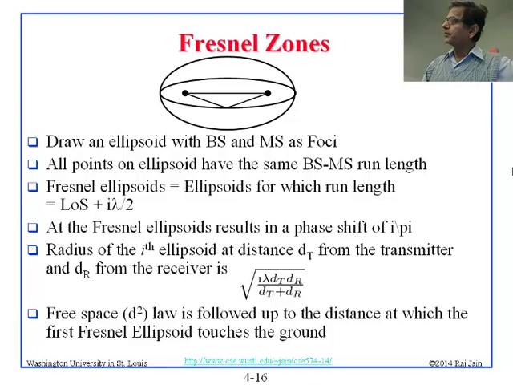It looks like 1 to me, but it should be i times lambda times dt dr upon this and that. Free space is followed up to the distance up to which the first ellipsoid touches the ground. So basically, if you calculate where the first ellipsoid happens, that gives the break point, up to which the formula is d squared. After that, it is d raised to 4.